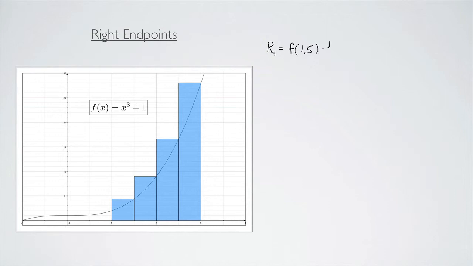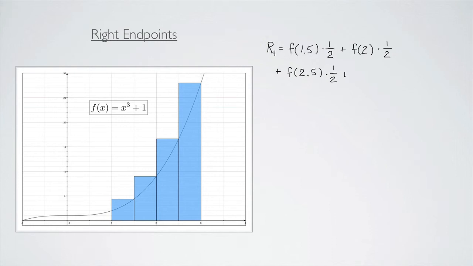Times the base, which is again going to be a half, plus, okay, rectangle number 2, that's the value of the function at 2 for the height of the rectangle, and again the base is a half. And rectangle number 3, we have the value of the function at 2.5, and again we have a base of a half.